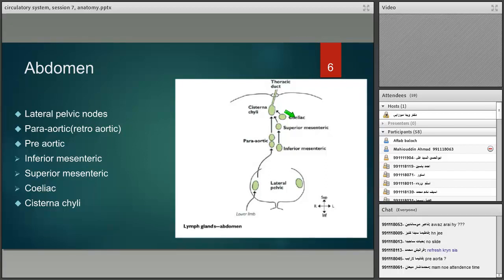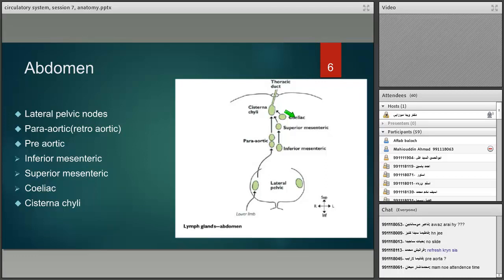We said that the lymph is a kind of transparent fluid. But the lymph which is coming from the digestive system is full of lipids, oil, okay? The lymph which is coming from the digestive system contains oil or lipids.